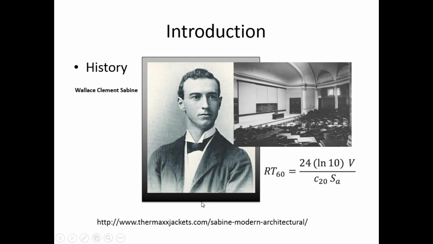So we have continued history with Wallace Clement Sabine. Here's a picture of him to the side. He was trying to figure out acoustics specifically within lecture halls and music halls.